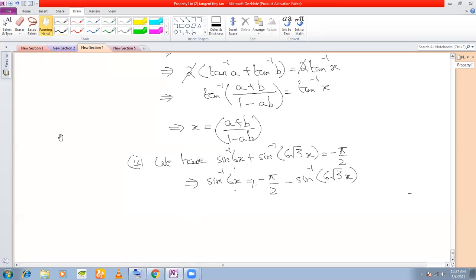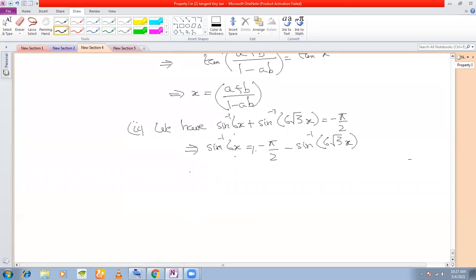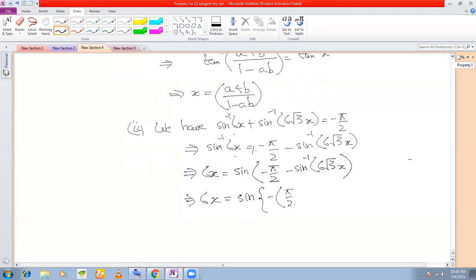Okay. So now what you can do is you can write 6x as sine of minus pi by 2 minus sine inverse 6 root 3x. So now this you can write as sine of minus, taking minus common inside the sine, pi by 2 plus sine inverse 6 root 3x.